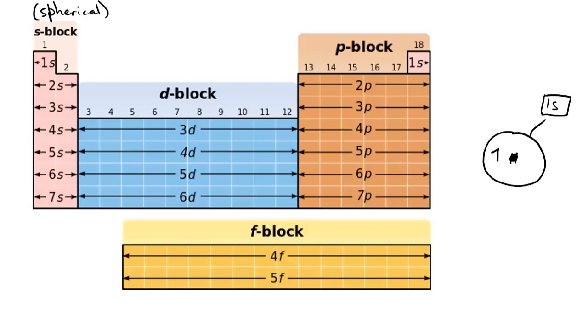If you have something more complicated, you might have your nucleus here, you have the 1s subshell first, and then the 2s, which is a larger sphere around it, and then you have that 2p, which is going to be really complicated to draw. So it will come kind of like this.